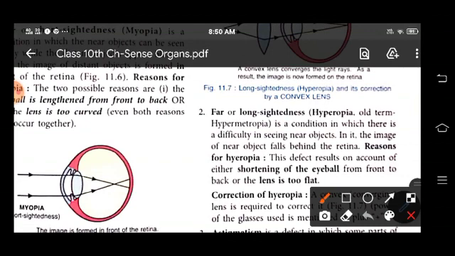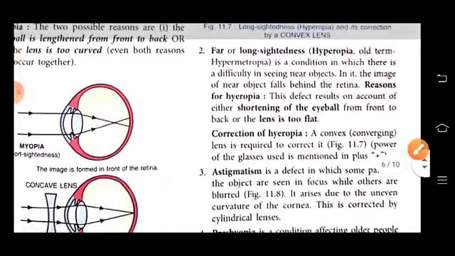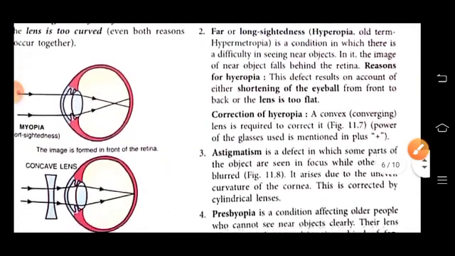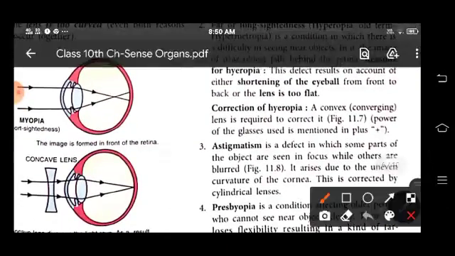The reasons are the shortening of the eyeball from front to back, or the lens is too flat. Now how do we correct hypermetropia or hyperopia? A convex lens is required to correct it. The power of the glasses used is mentioned in plus, and in myopia it is in minus.